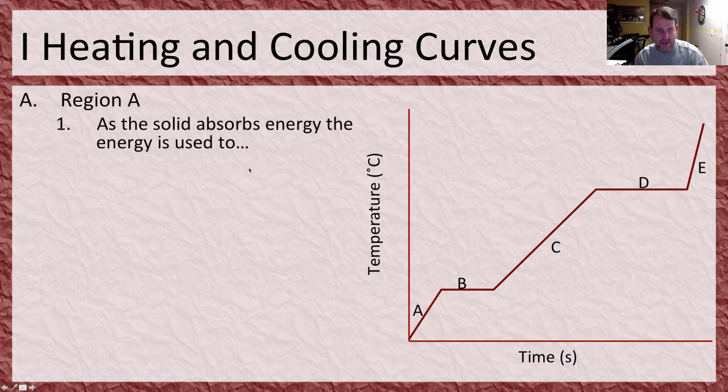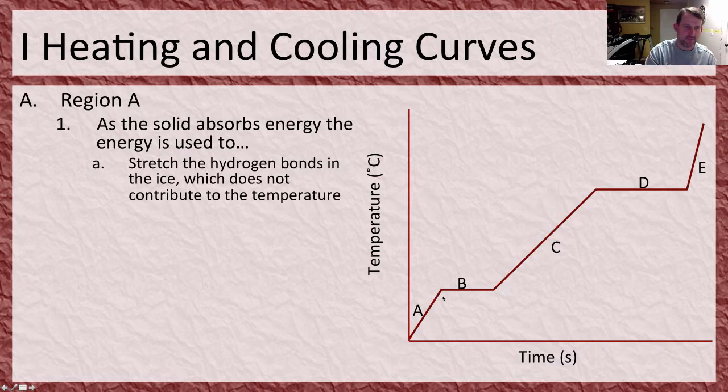So region A here is the solid region right down here. So this is heating our solid from some really cold temperature up to 0 degrees Celsius for water. And during that time, the energy that's absorbed from the device, the increase in energy, is being used to stretch hydrogen bonds.